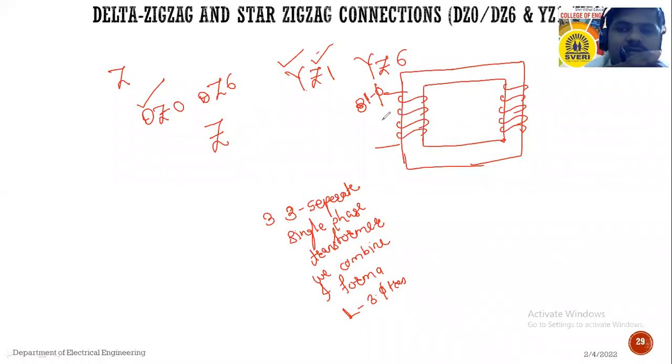Six windings? On the primary side, 3, no?